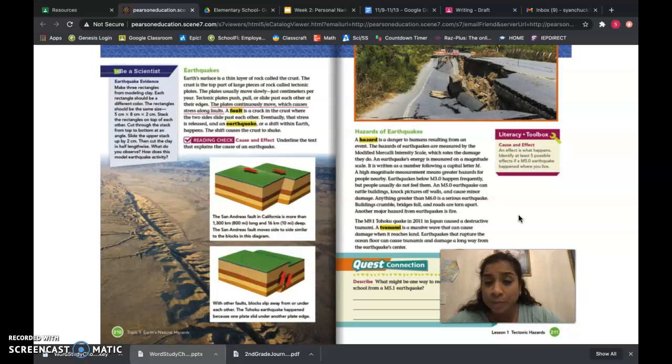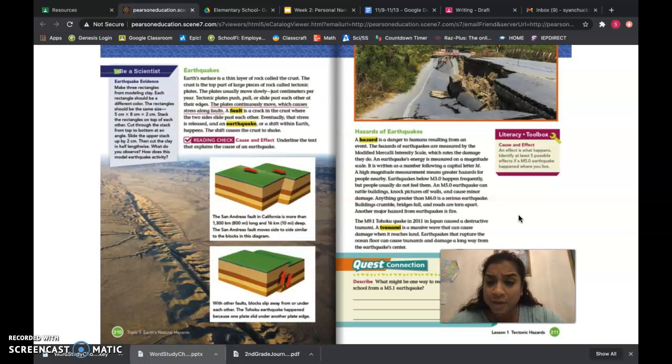Earthquakes below M 3.0 happen frequently, but people usually don't feel them. An M 5.0 earthquake can rattle buildings, knock pictures off the wall, and cause minor damage. Anything greater than an M 6.0 is a serious earthquake. Buildings crumble, bridges fall, and roads are torn apart.